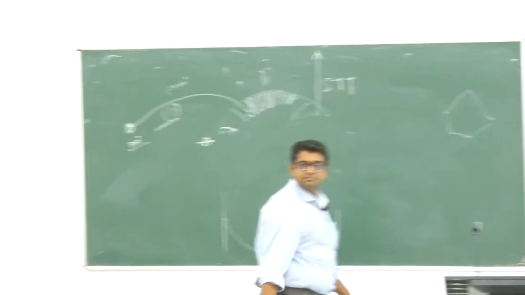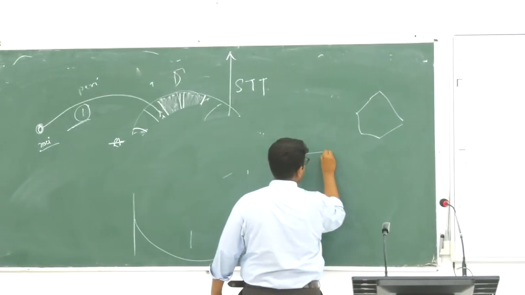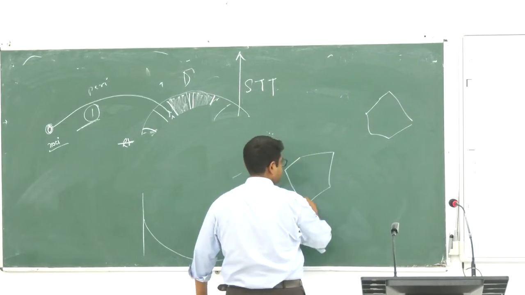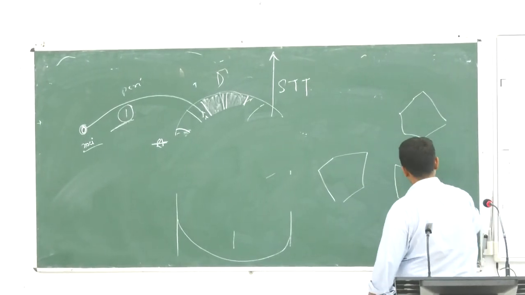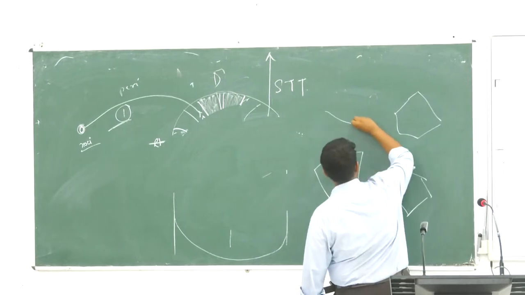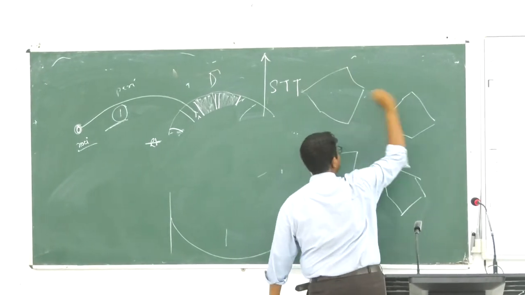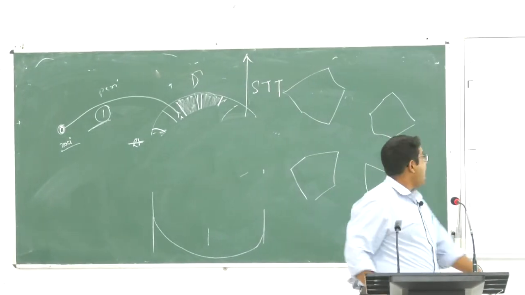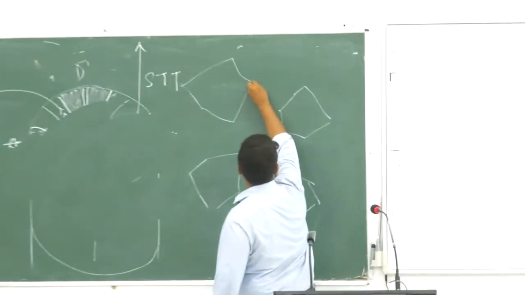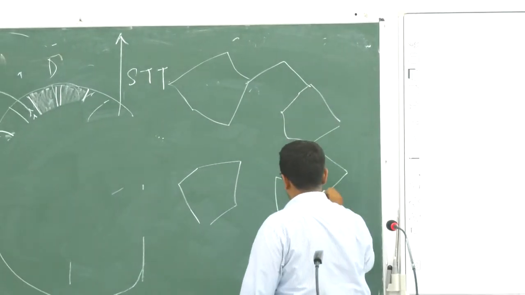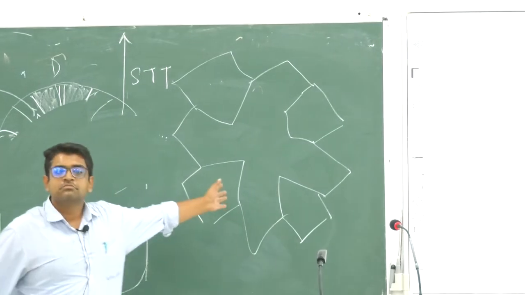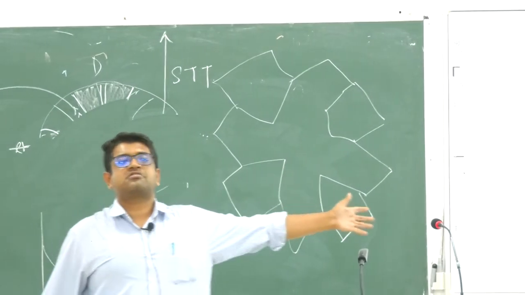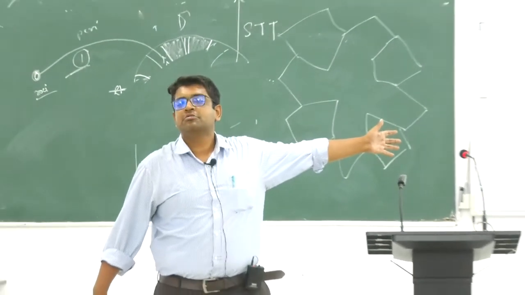Pentagon 1, pentagon 2, pentagon 3, pentagon 4, and join their lateral points. And here you have got your structure. It's very easy to draw.